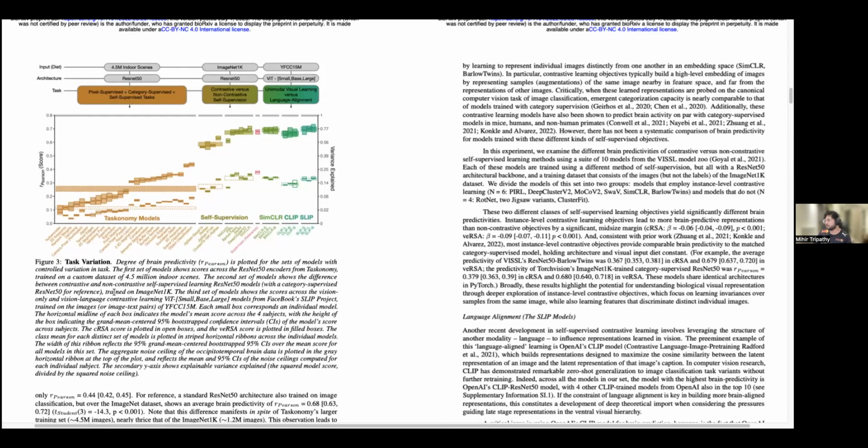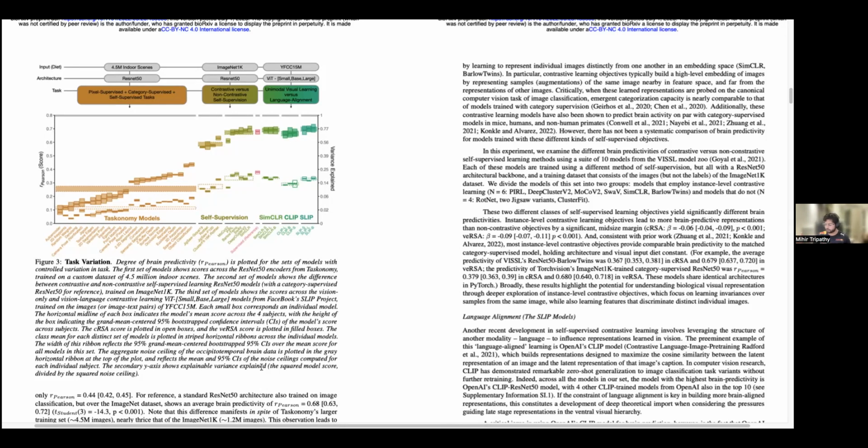So they did test out some self-supervised algorithms, SimCLR and Barlow Twins, to see how they compare with each other. SimCLR was pure self-supervision, and CLIP was pure language alignment. And then there's another model called SLIP, which is partly language alignment and partly self-supervision.